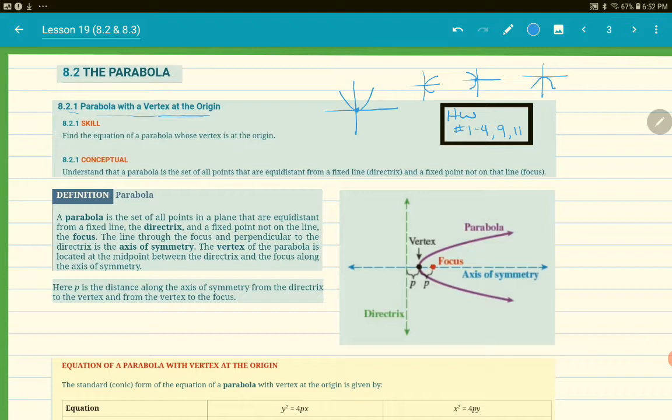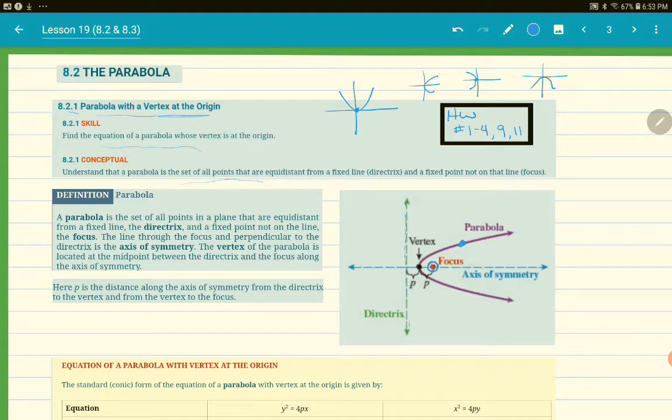We're going to work on finding the equation of that kind of parabola and understanding that a parabola is the set of all the points that are equidistant from a fixed point, which is the focus, and the directrix, which is a line. So if I have a point and a line, then the purple parabola is the set of all the points that are equidistant from those two things.